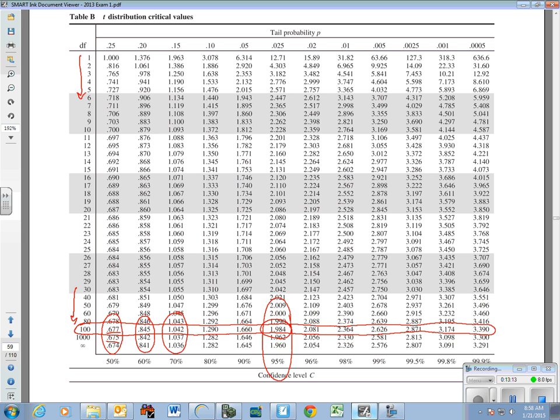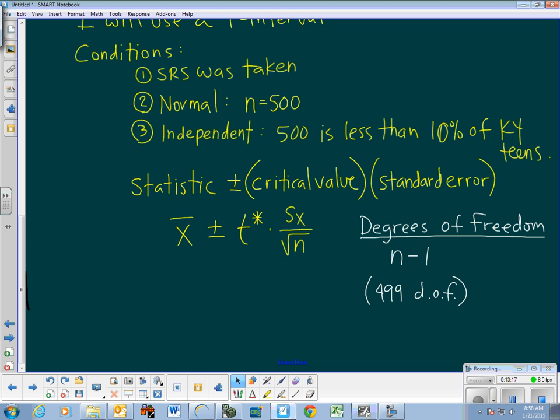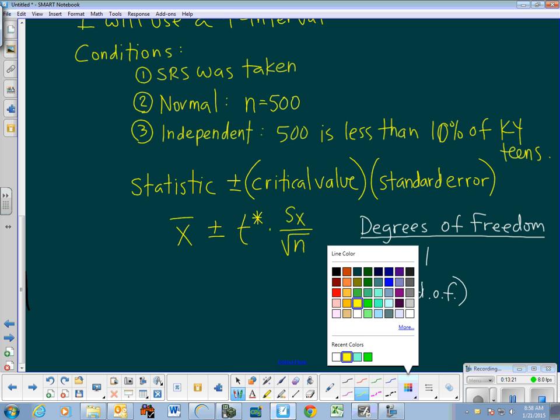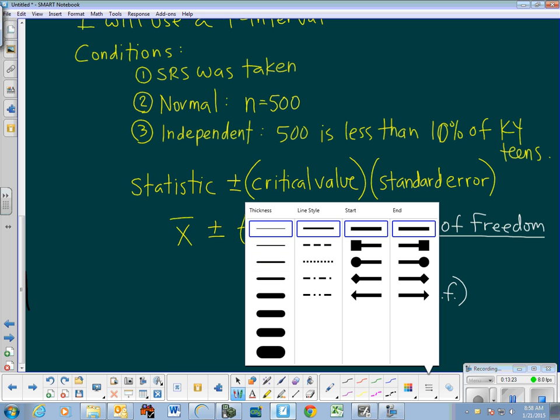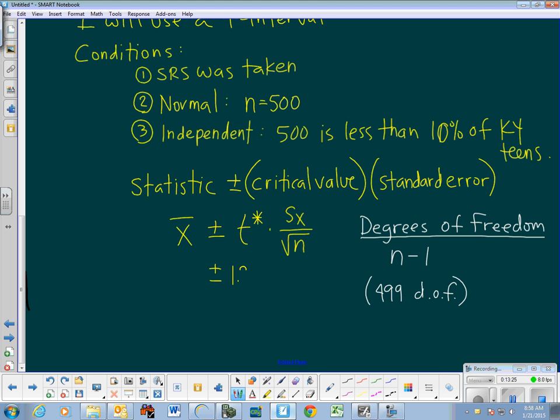But 1.984 is my T value, my T star value. So what's the difference between a T and a Z? If you have to use s instead of sigma, you have to use T instead of Z. You go to your chart, use degrees of freedom. That's how you get it.